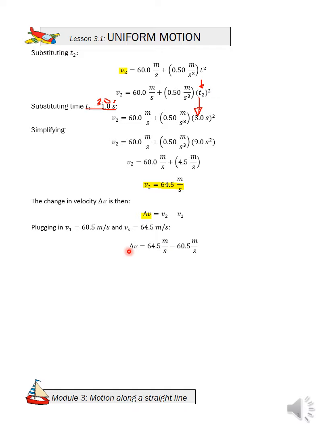We substitute those values: v1, which is 60.5 meters per second, and v2 as 64.5 meters per second respectively here. And then we solve. Thus, our change in velocity is 4.0 meters per second. Okay, I hope that's clear. That's for item A. It's looking for the change in velocity.